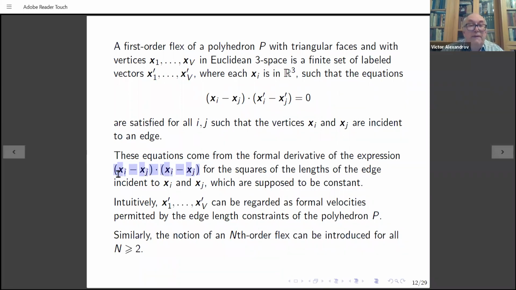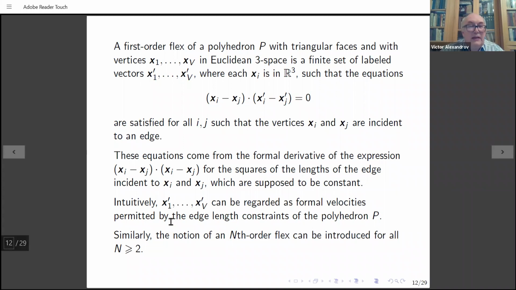Thus, when we differentiate this expression, we obtain this expression that is equal to 0. This is a standard motivation for the definition of the first order flex. And this is, let me say, a standard equation for the first order flex.